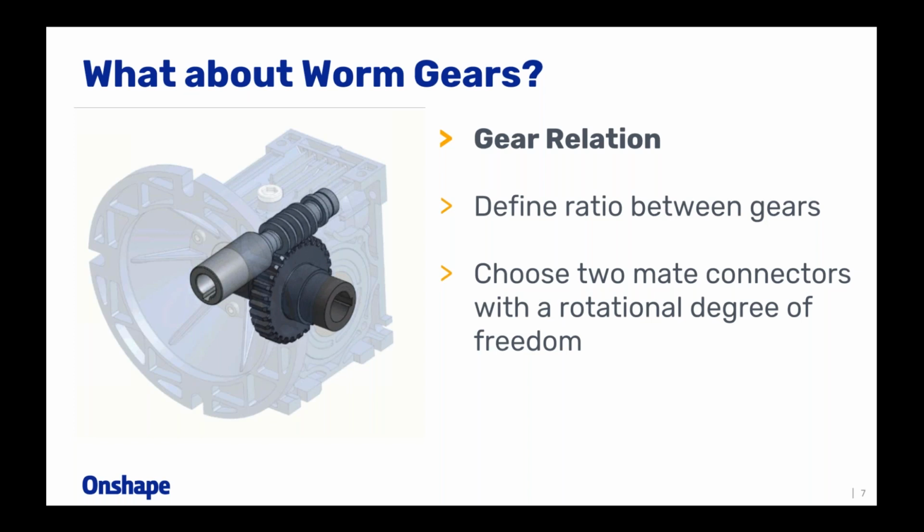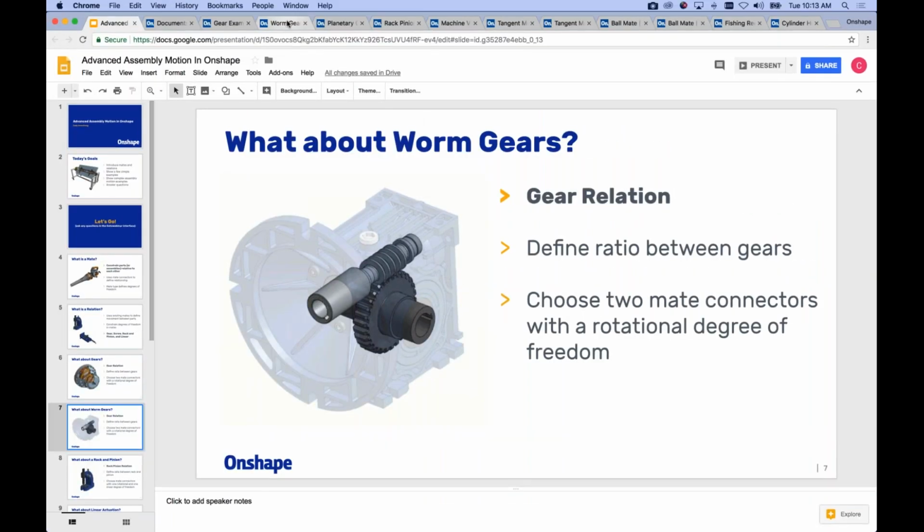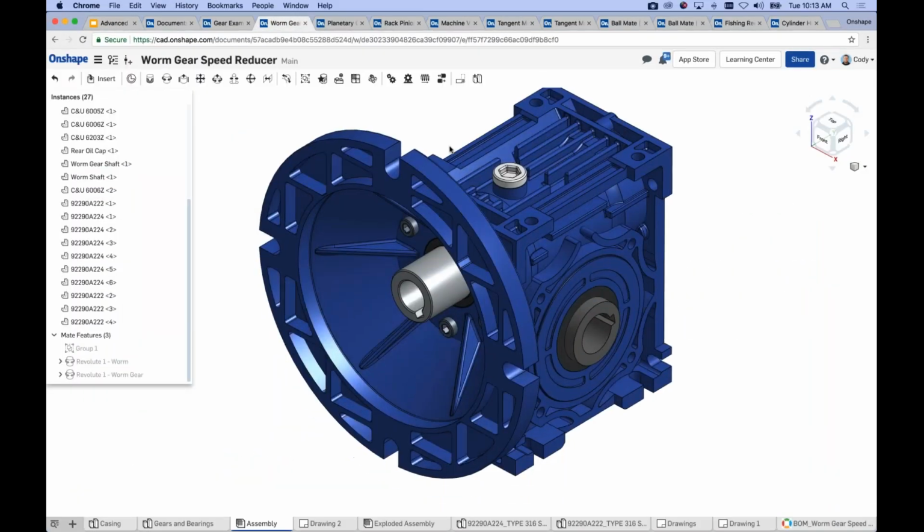And so another good example that I like to show is worm gears. A worm gear is another example where it is simply a gear relation between two rotational degrees of freedom. It just so happens that, because of the nature of worm gears, the ratio is way different. But the process of creating a worm gear relation is no different than creating the last relation that I showed you, right? And the same goes for just about any kind of gear relation that you could imagine.